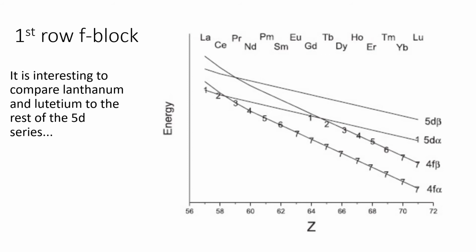Lanthanum hasn't got any f electrons, and it forms 3+ ions characteristically in its chemistry. In forming a 3+ ion, it will lose a 5d electron and the two 6s electrons, and form a xenon noble gas core. That's why on quite a few periodic tables, lanthanum is not considered to be a lanthanide at all, because it's never got any f electrons.